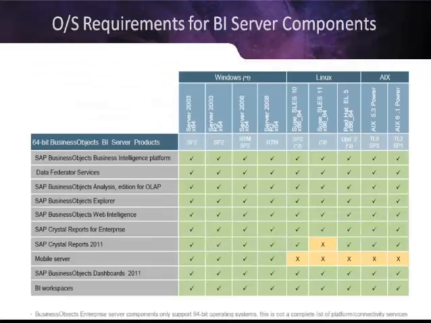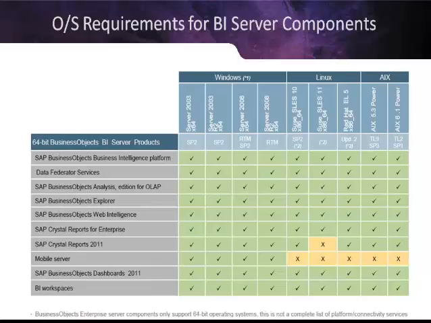On this next slide, we see the product availability matrix for the Business Intelligence Server. As you notice, the operating systems listed across the top, again, are all 64-bit operating systems. So this is a fully 64-bit deployment.